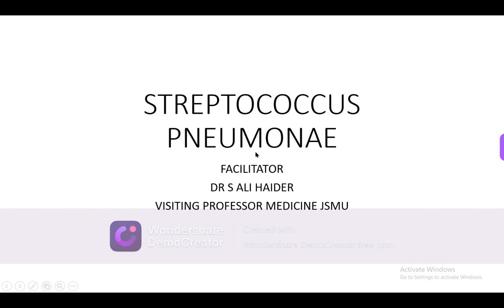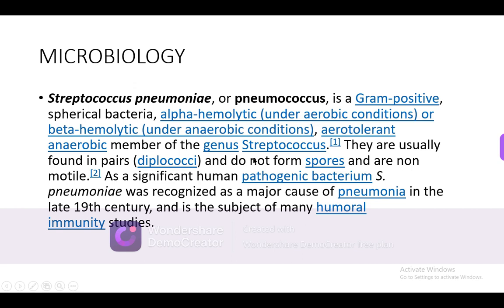So I will talk something more about this organism, microbiology. Streptococcus pneumoniae, or pneumococcus, is a gram-positive, spherical bacterium. It is alpha hemolytic under aerobic conditions, and beta hemolytic or gamma hemolytic under anaerobic conditions, an aerotolerant anaerobic member of the genus Streptococcus.